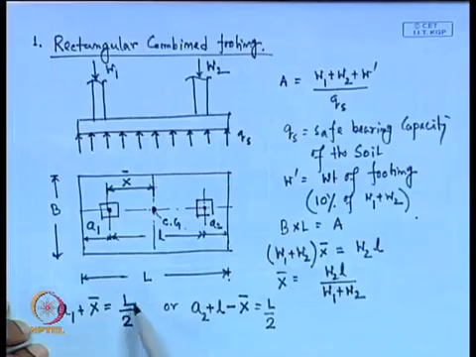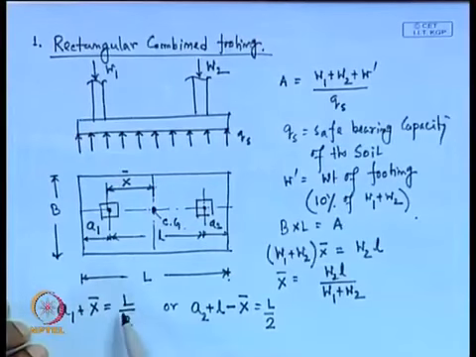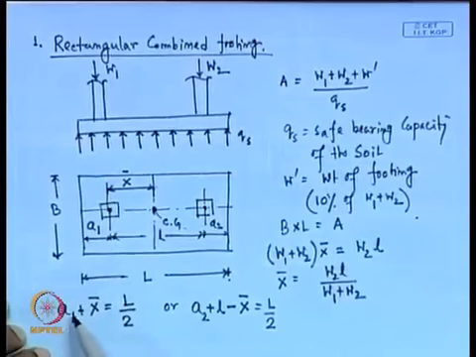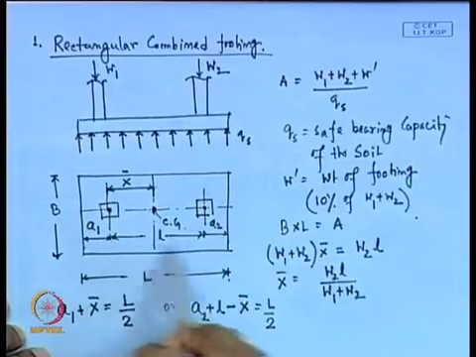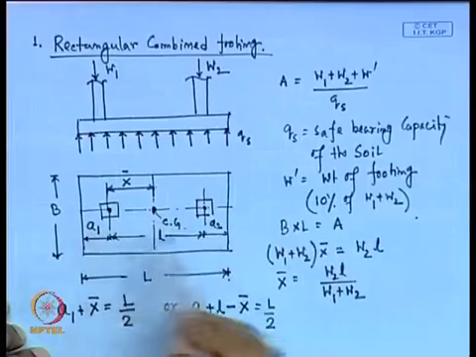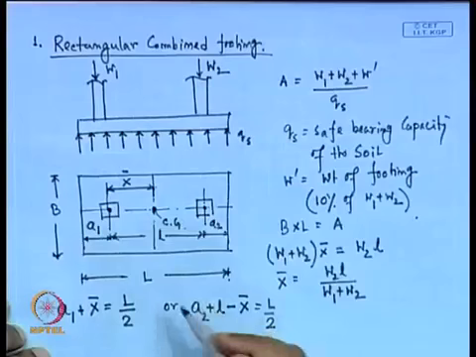Capital L and A1 are both unknown, so if I assume one value of A1, then x bar is known and we can calculate the L value. Similarly, we can calculate the A2 value. So by using these expressions, we can determine the dimensions of the total footing, A1, A2, B and L, according to our design requirement.